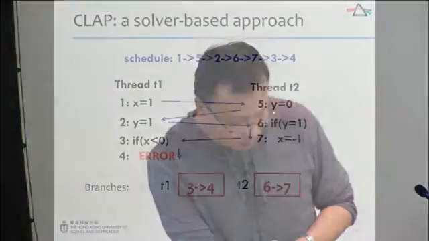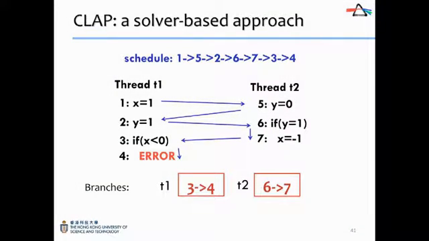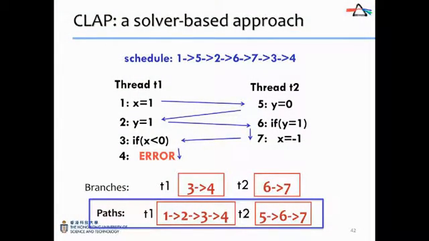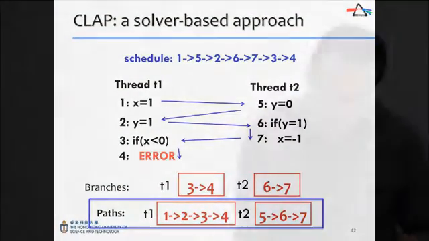Same example: we first record all the branch decisions, and we collect the execution path for each thread.